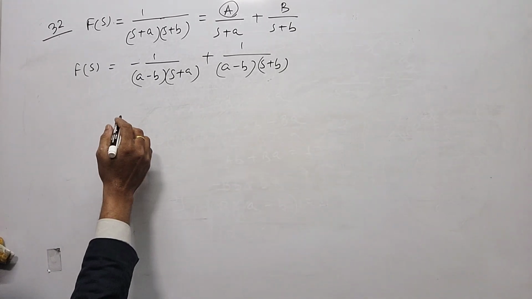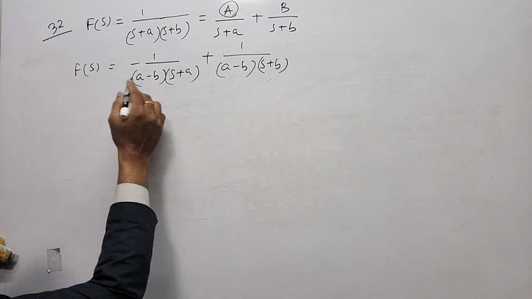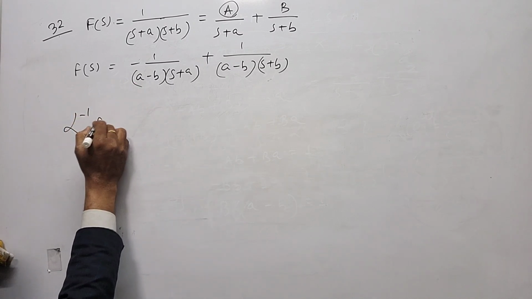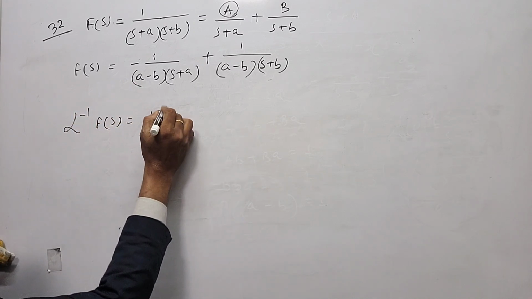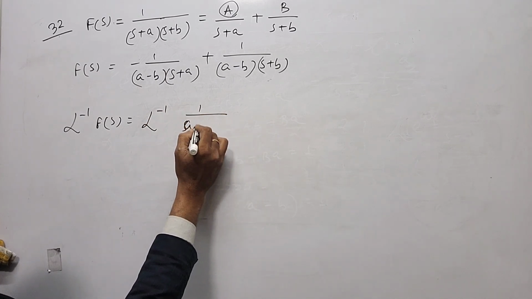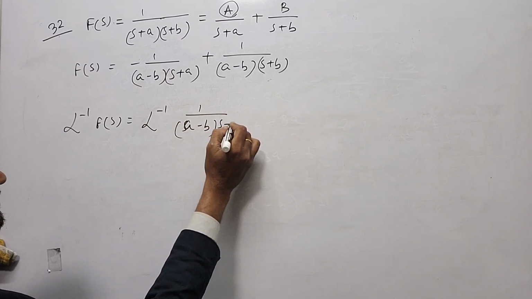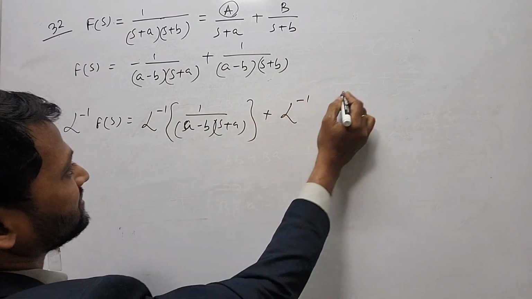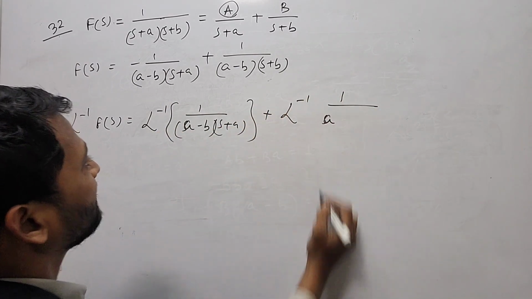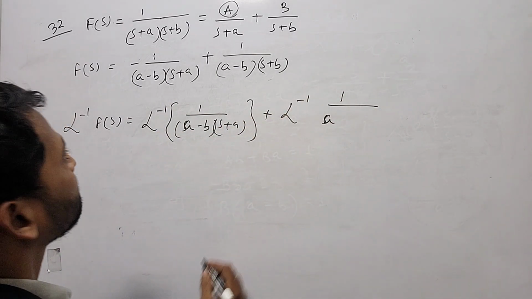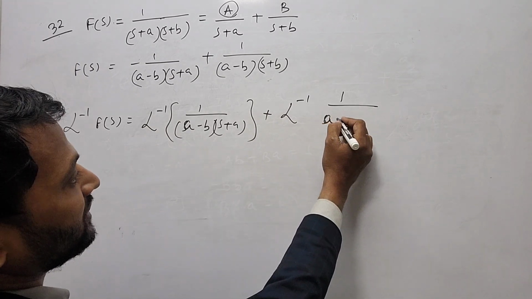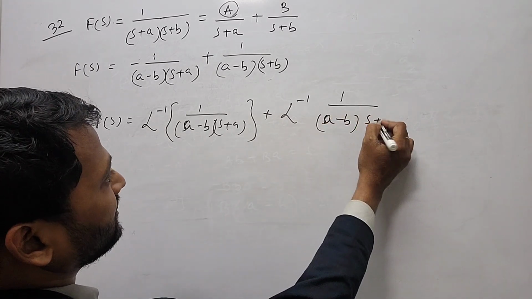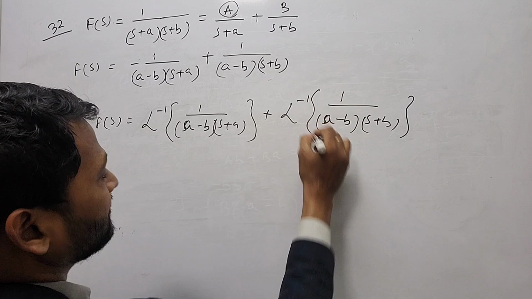Then we'll take the Laplace inverse of this part. So Laplace inverse of 1 by a minus b into 1 by s plus a, plus Laplace inverse of 1 by a minus b into 1 by s plus b.